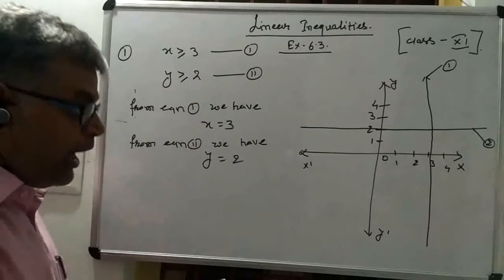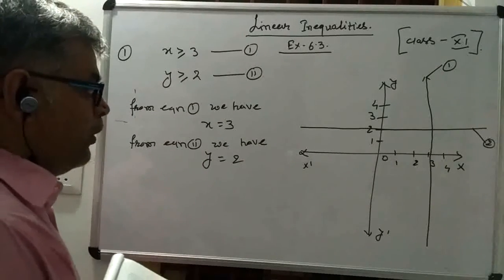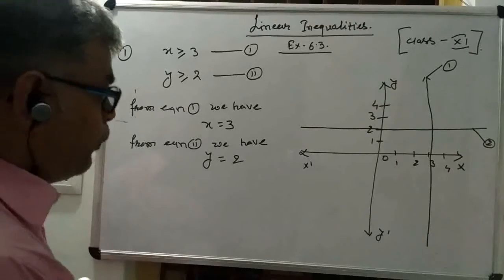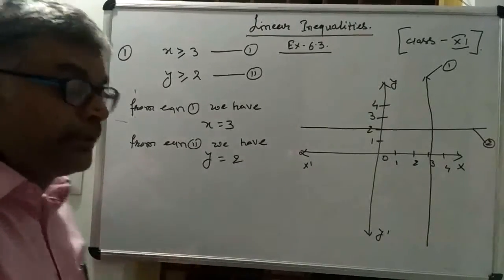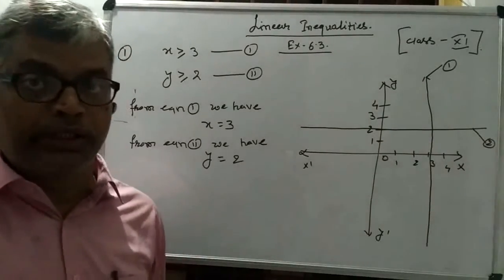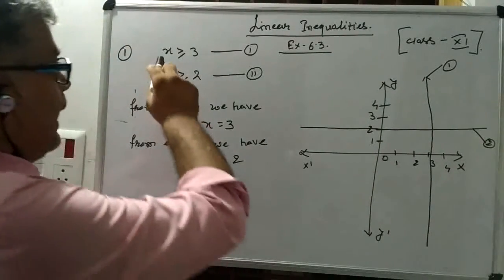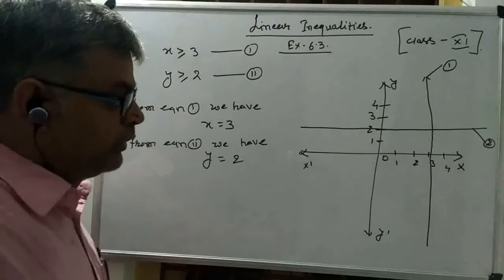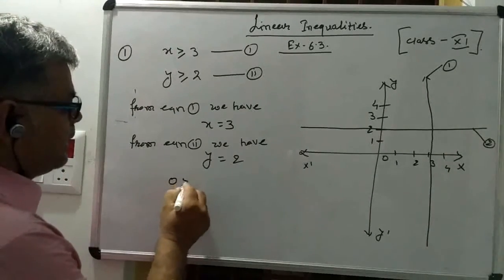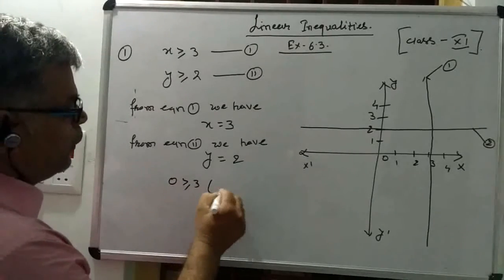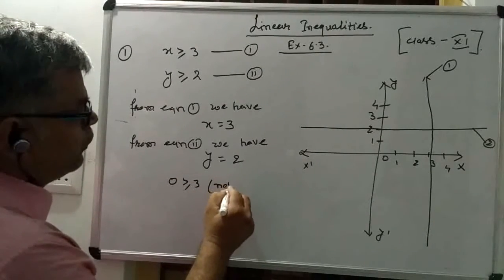Now we have to find the portion which satisfies both inequalities. When you take x equals 0, that is 0 is greater than or equal to 3, which is not true.